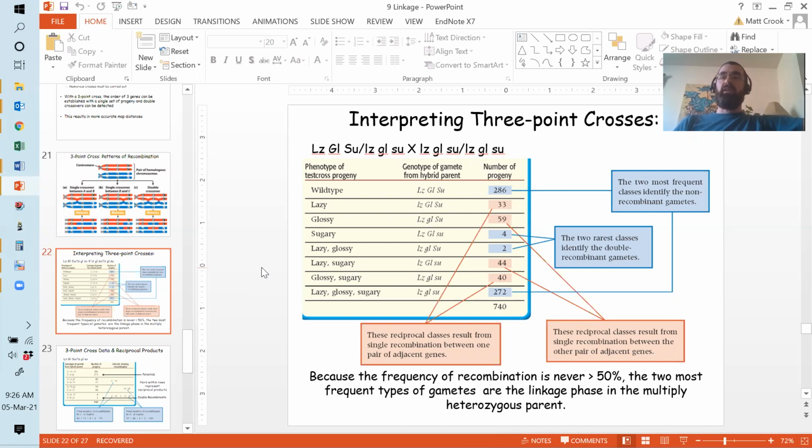You've got to look at what is moving in the double recombinants, because the allele that moves is the one in the middle. So you look at the parentals, the non-recombinants, and you look at the double recombinants. The one that changes, the gene allele that moves, is the one in the middle.